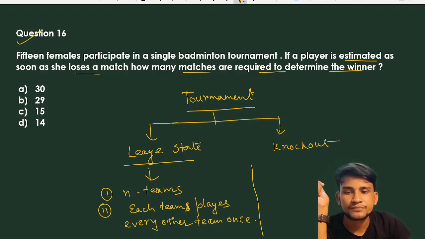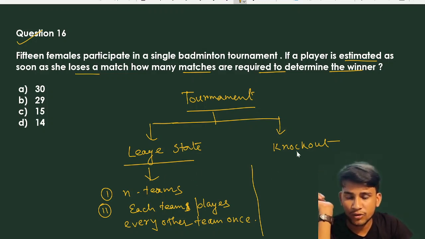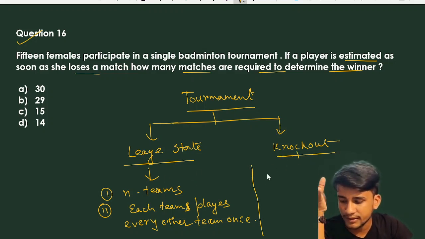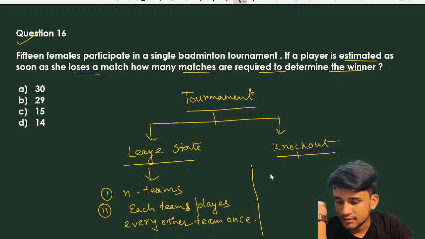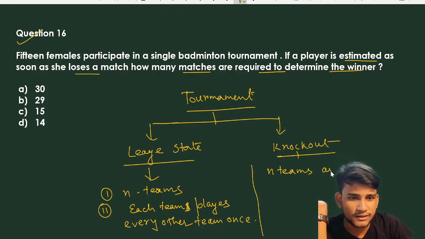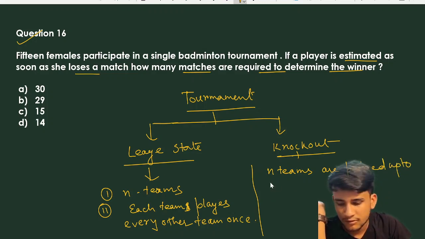This is the league stage. And the knockout tournament is where there are n teams which are paired up into matches.